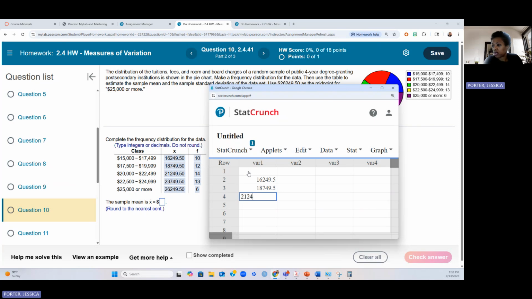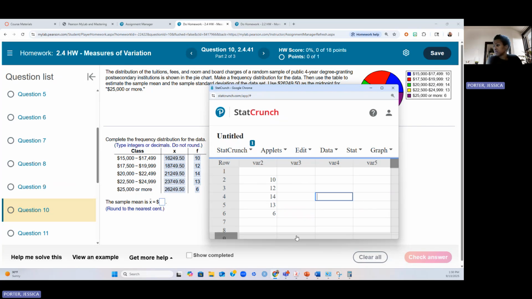18,749.50, 21,249.50, 23,749.50, 26,249.50, and let's get the frequencies here. I started a little lower. So the frequencies are 10, 12, 14, 13, and 6.